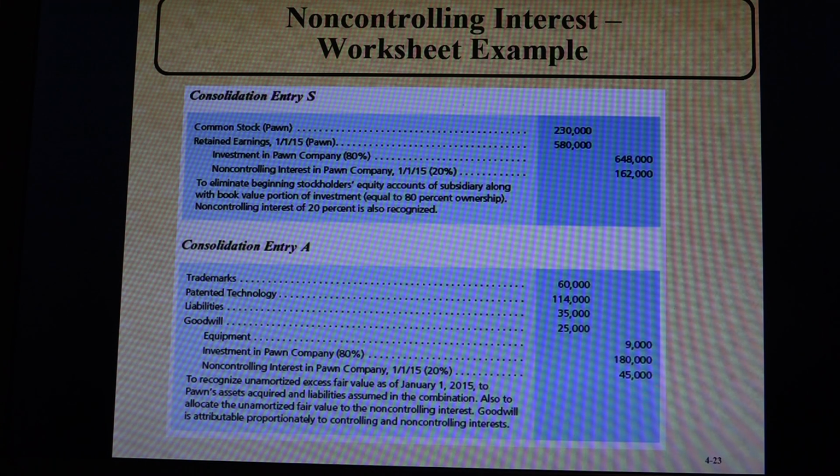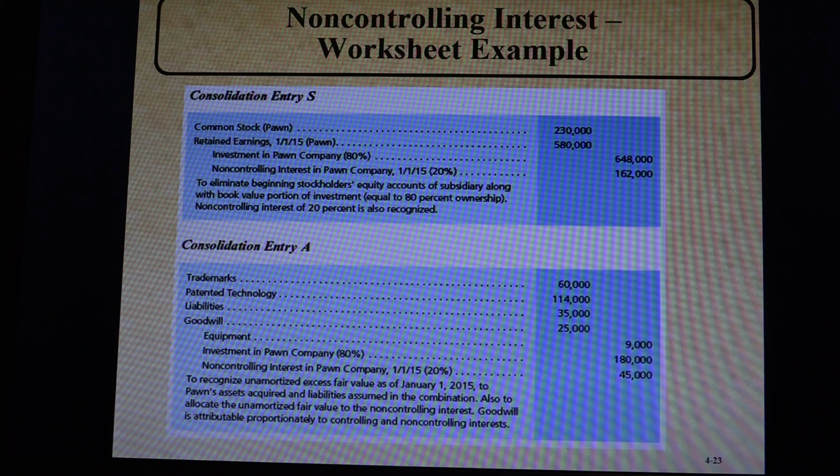And then down here, that actually comes from, again, page 160 or 162, the calculation of the 20% outside ownership as of 1115. So that's where the 45 comes from.